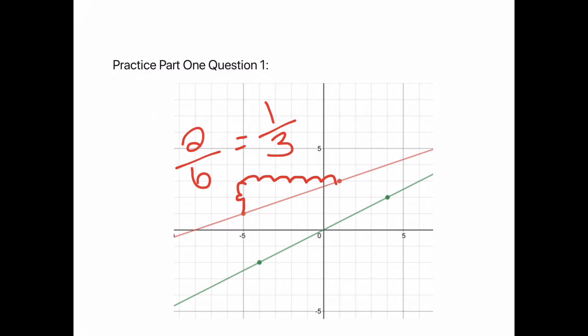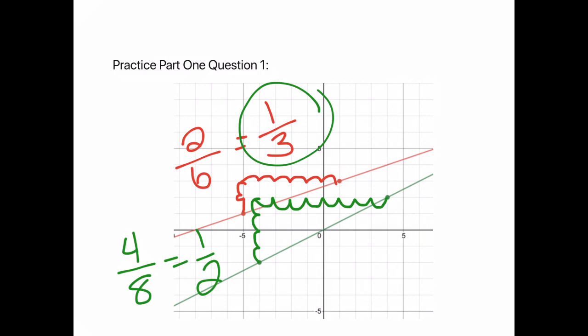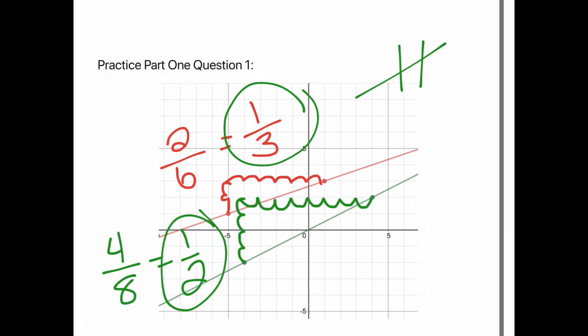And in the green, we do the same thing. We go up 4, and we go over 8 spots, which reduces to 1/2. And 1/3 and 1/2 are not exactly the same. Therefore, these are not parallel lines.